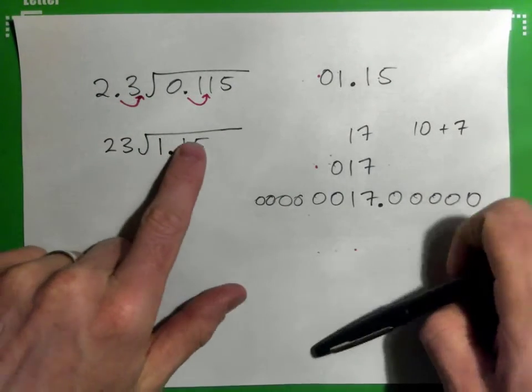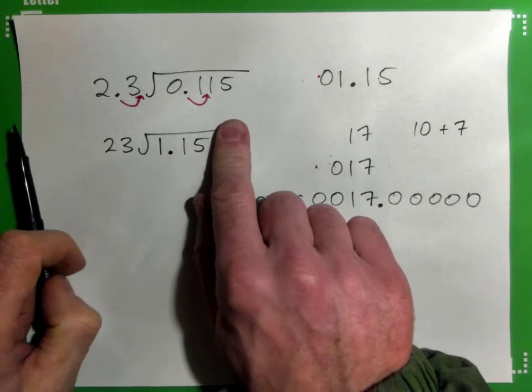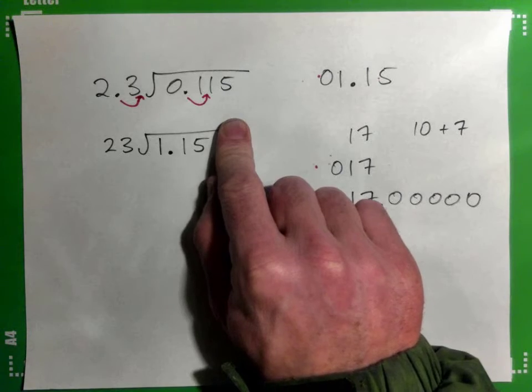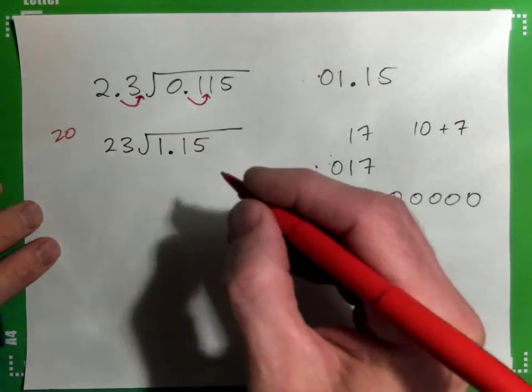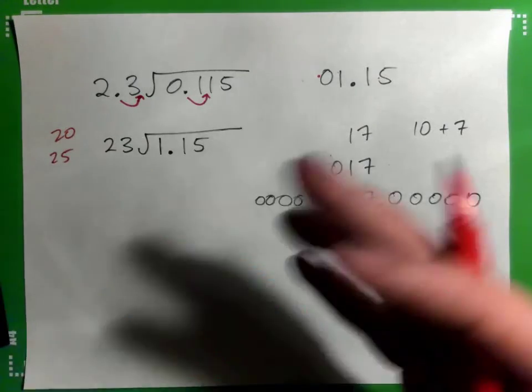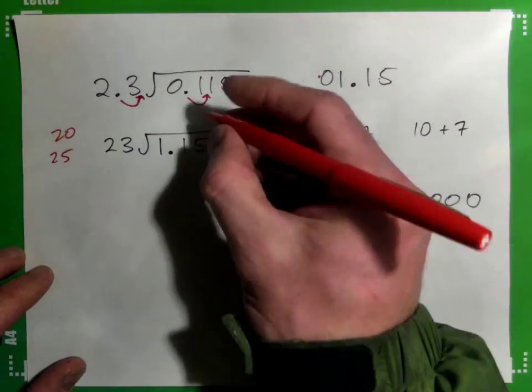Okay, so now we've got the decimal out of the divisor, this guy here. So 23 into 11 won't go. What's 23 into 115? Just think in your head in terms of maybe 20s or 25s and take a guess, right? Just kind of round it. Yeah, 4 is probably a good guess.